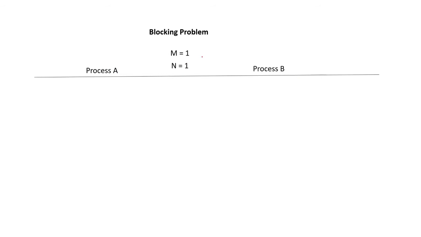Say in this example, we have two semaphores, M and N, both have been initialized to the value of 1. Now we have two processes A and B which are executing in an interleaved fashion.